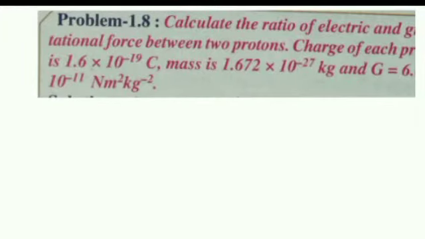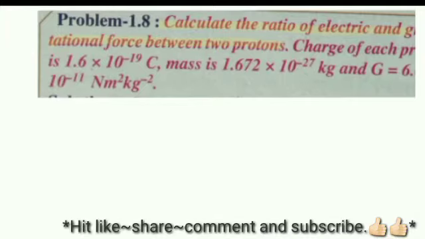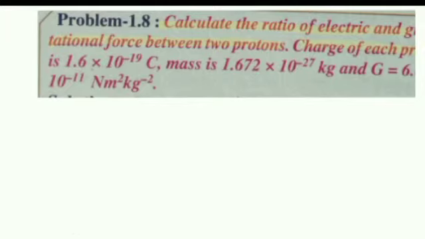Calculate the ratio of electric and gravitational force between two protons. The charge of each proton is 1.6 into 10 to the power of minus 19 coulombs.